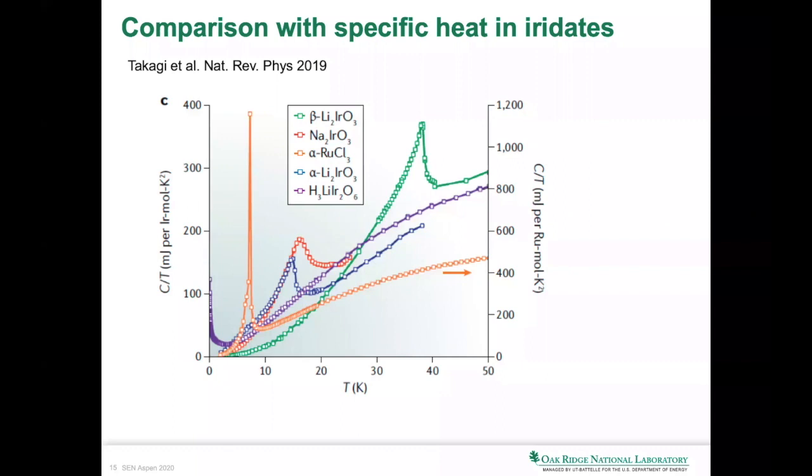And with one exception, which is this material that's got some hydrogen impurities inserted, all of them have been seen to order at one temperature or another. So here's a plot showing the specific heat of several of these materials together. Actually, I'll point out ruthenium trichloride in a virgin single crystal. It's got a much, much sharper specific heat at the magnetic transition than any of the iridates.